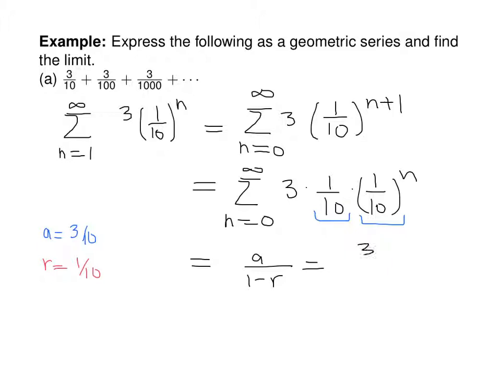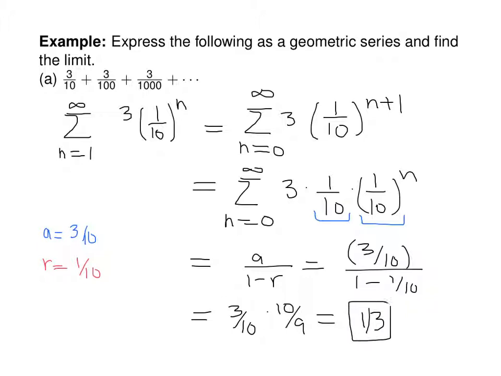So we'll have 3/10 over 1 minus 1/10. So 3/10 divided by 9/10, or multiplied by 10 over 9, which will equal 1/3. And that should make sense, as this really is another way of expressing 0.333 repeating.